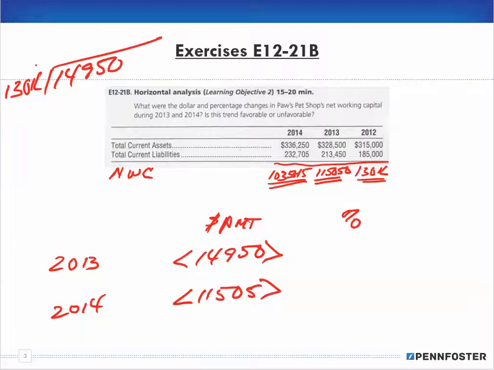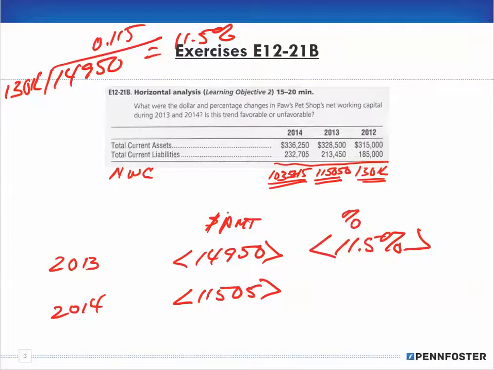So if I take 14,950 and divide it by 130,000, I end up with 0.115, which is 11.5%. And that is a negative percentage because it is decreasing.